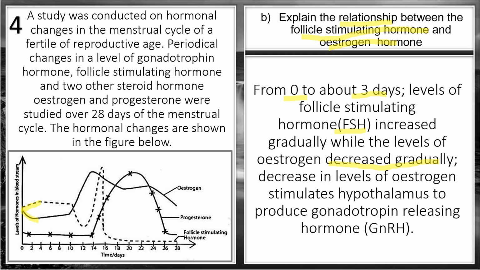Decrease in the level of estrogen stimulates the hypothalamus to produce the gonadotrophin releasing hormone. So when there is that decrease in the estrogen level, it stimulates the hypothalamus to produce a gonadotrophin releasing hormone, which will stimulate the pituitary gland to release follicle stimulating hormone.